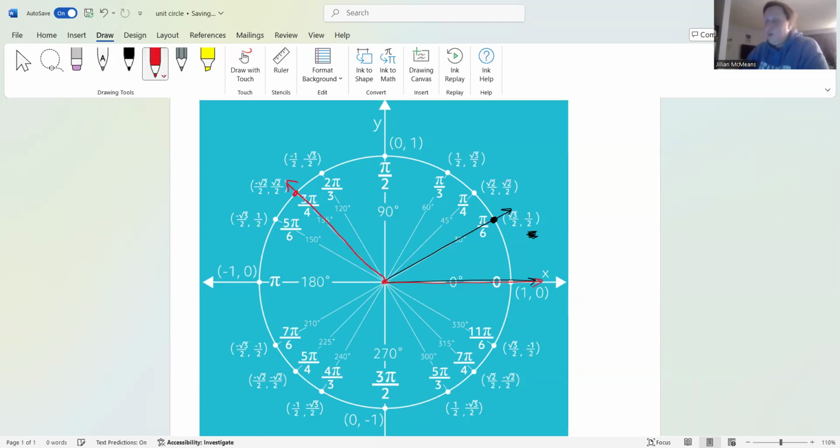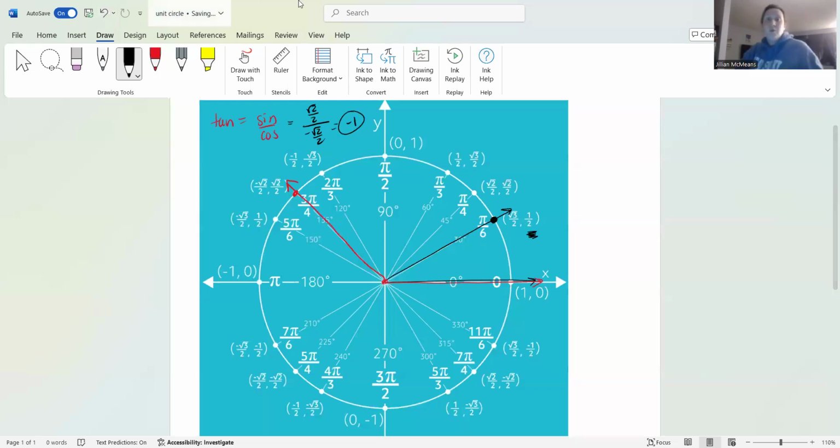And we're looking for tangent. Remember, tangent is sine over cosine. We have that sine is root 2 over 2 and cosine is negative root 2 over 2. So that just equals -1.